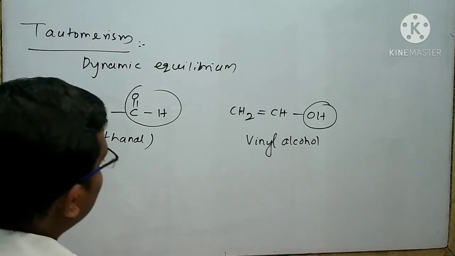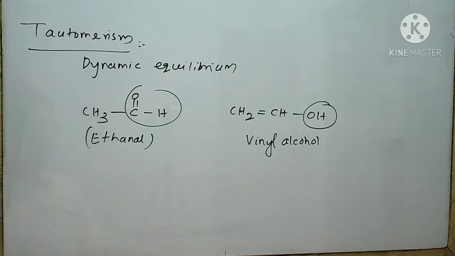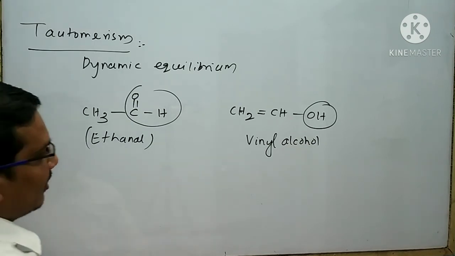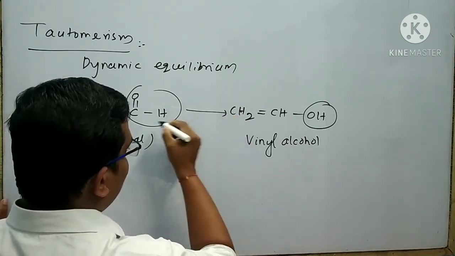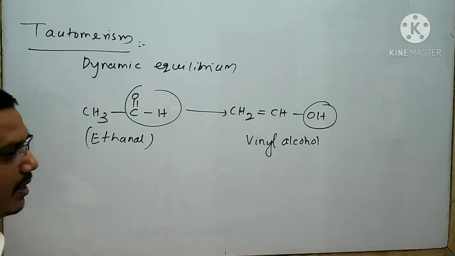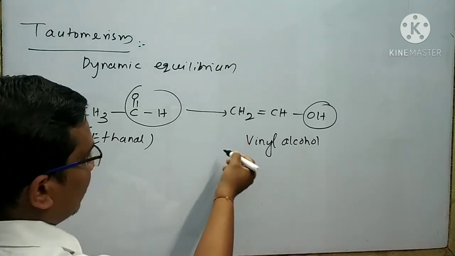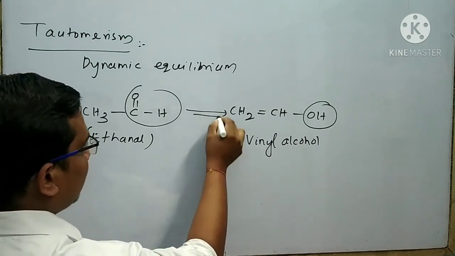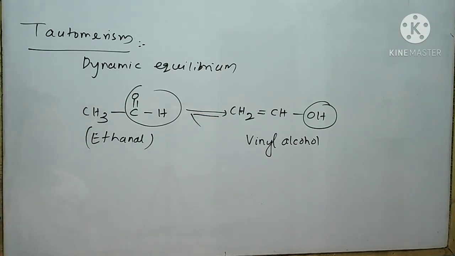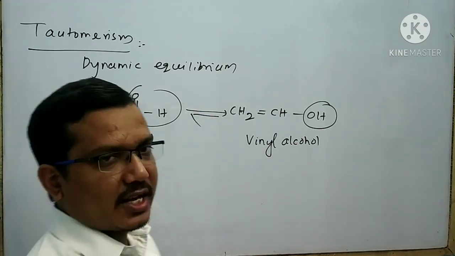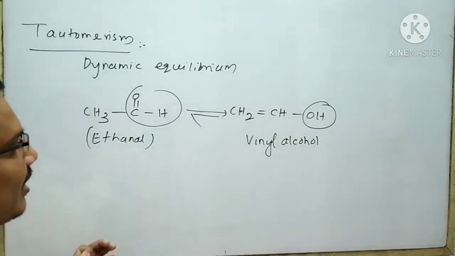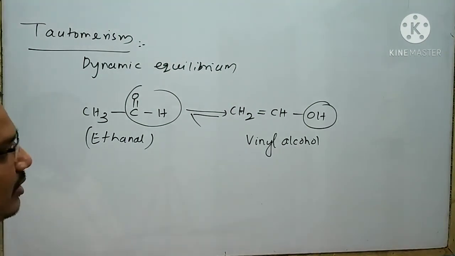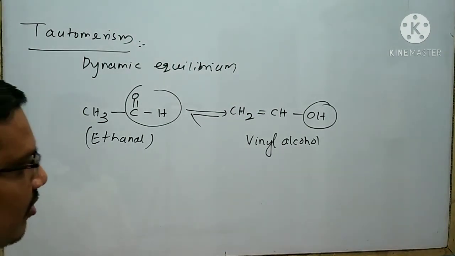If I start the reaction and take ethanal as the reactant, it undergoes reaction and gives vinyl alcohol. Simultaneously, when vinyl alcohol undergoes reaction, it also gives ethanal. That means it is a reversible reaction. Here a dynamic equilibrium is maintained between the ethanal and vinyl alcohol.